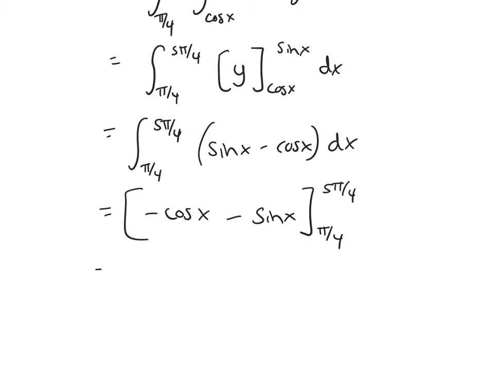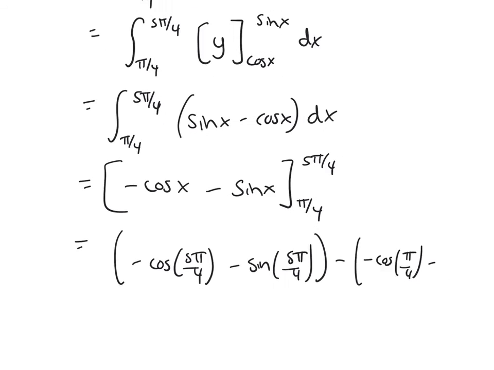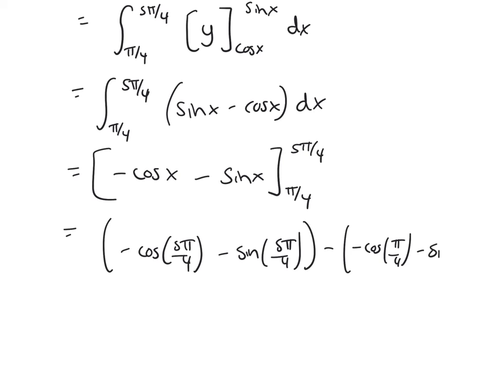So you're going to get minus cosine 5 pi over 4 minus sine 5 pi over 4, minus cosine pi over 4 minus sine pi over 4.